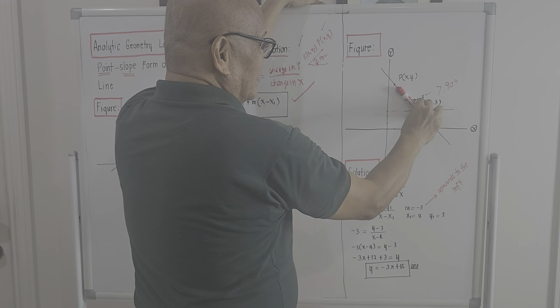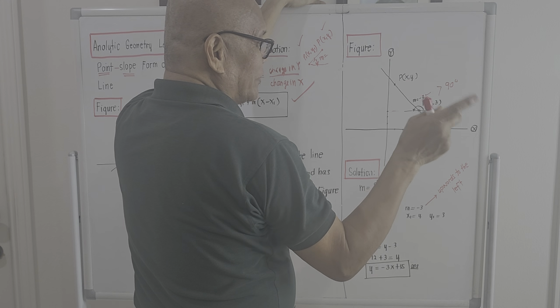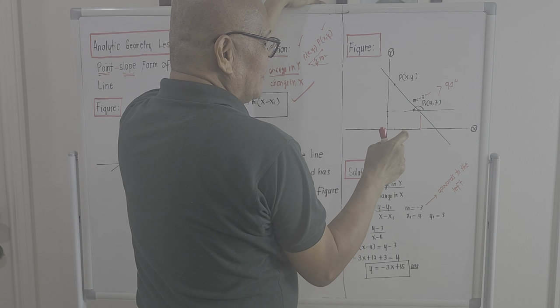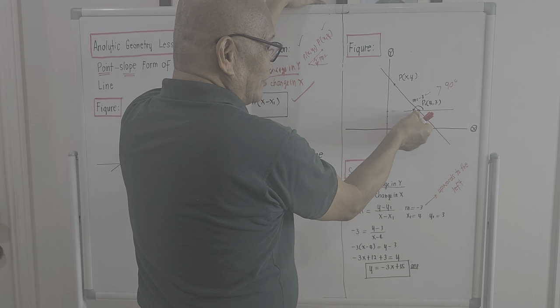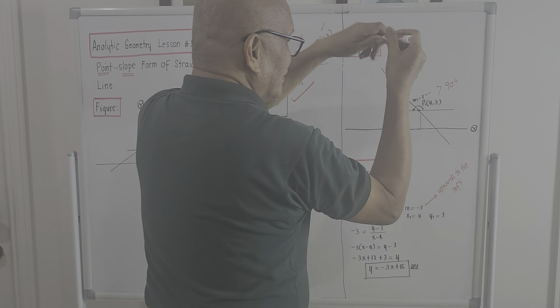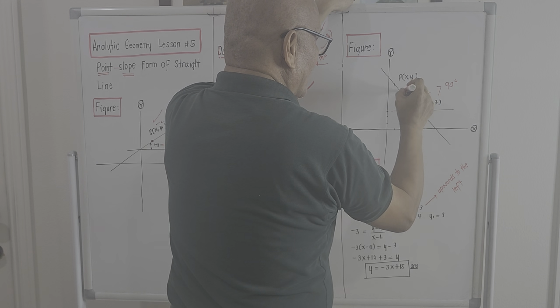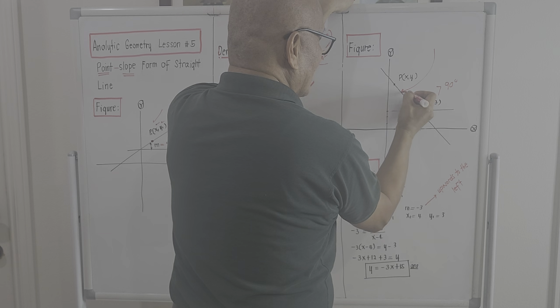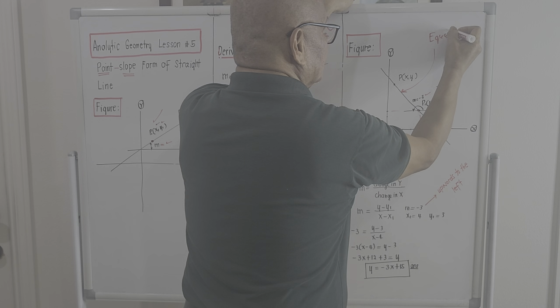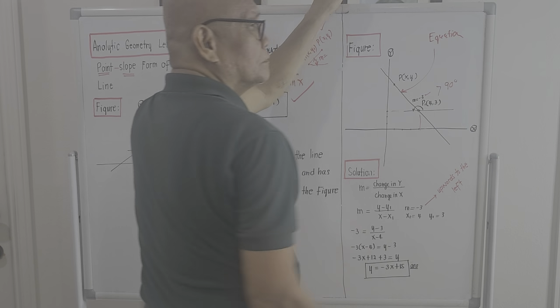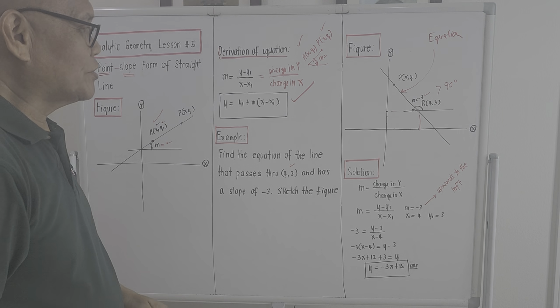And we are to find the equation of this straight line, if there is a point on the straight line with the coordinates 4 and 3, and the slope is -3. The problem is just asking what will be the equation. Right? So it's an easy one.